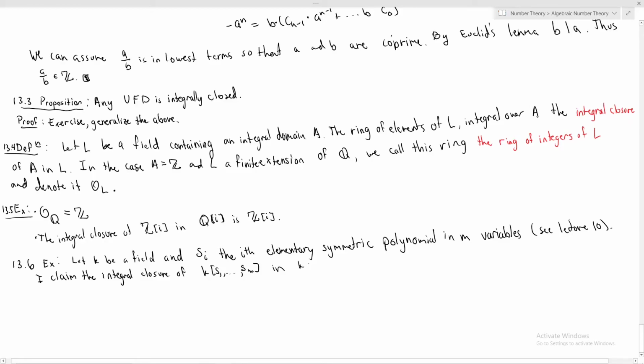Let's say K adjoin X1 through Xm, this field of rational functions in m variables, is just polynomials in m variables. So this is our first example of a ring where we actually have to do a bit of work to compute the integral closure.